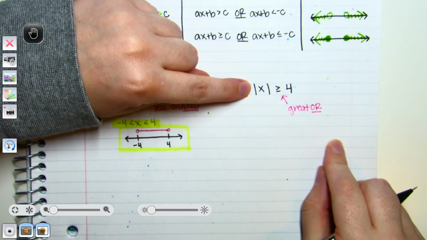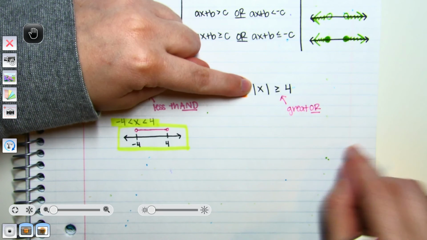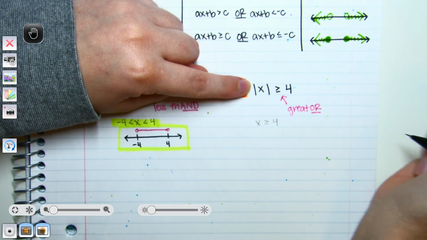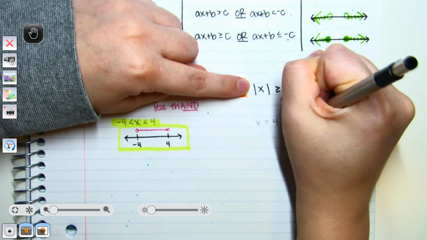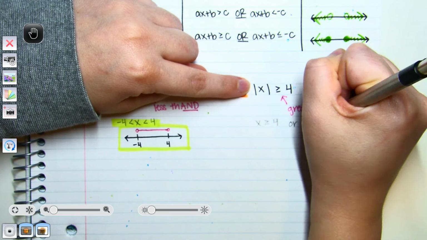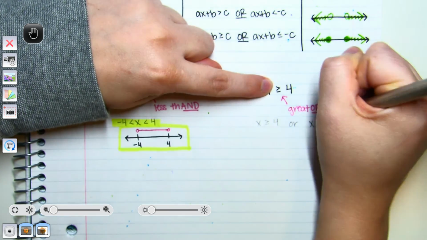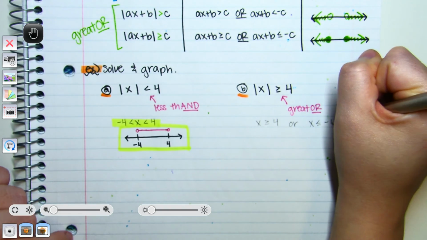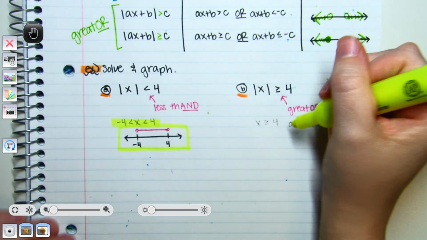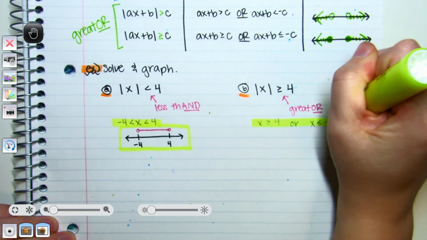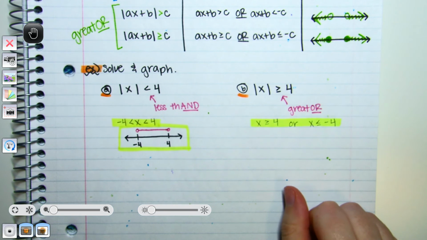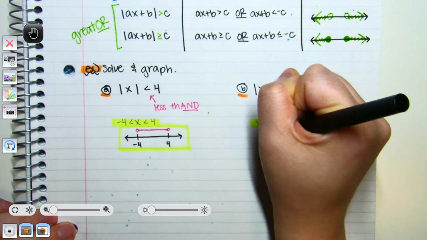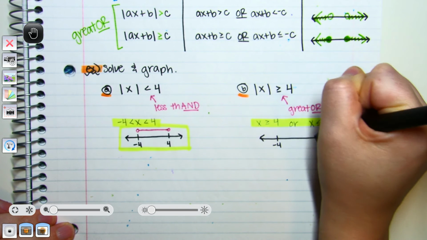So again, first thing I do, I write this out exactly as is, but without the absolute value bars. Or x, I'm going to flip this the other direction and change this to negative. That's my answer. And then to graph this on a number line, again, I'm just going to put a point at 4 and -4.